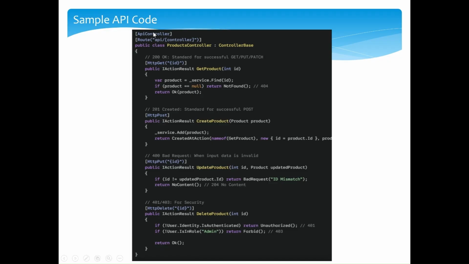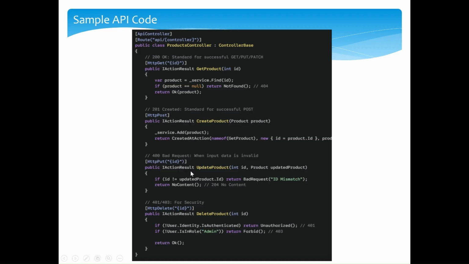If you look at this sample API code, which is a product controller, I tried to put different HTTP status codes here. When you look at the get product, it checks within the service whether it is available or not. If it is not available, it sends 404. With HTTP POST, once it is successfully created, it returns 201.